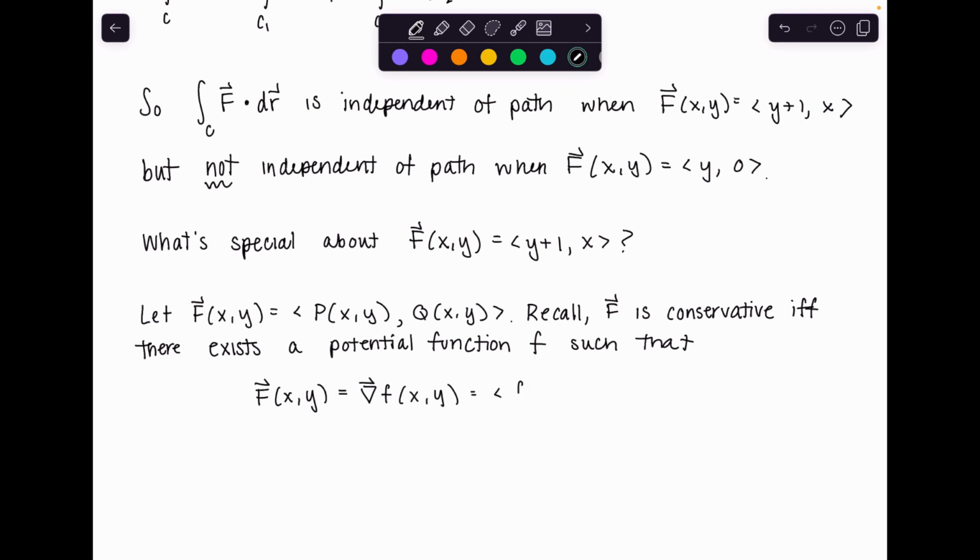So the first component is the partial with respect to x of the function. The second is the partial with respect to y.